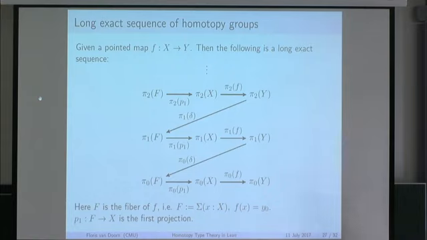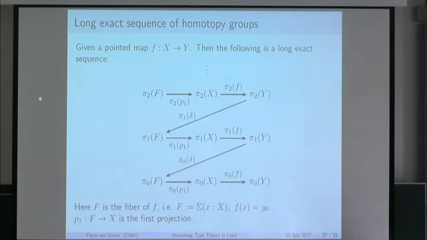The long exact sequence of homotopy groups is the following statement. It starts with a pointed map. That means that X and Y are types with a base point, and f respects the base point, so it sends the base point of X to the base point of Y. Then we get a sequence of groups, the homotopy groups of the types. At the bottom we have the zeroth homotopy groups, then the fundamental groups, and then the higher homotopy groups.